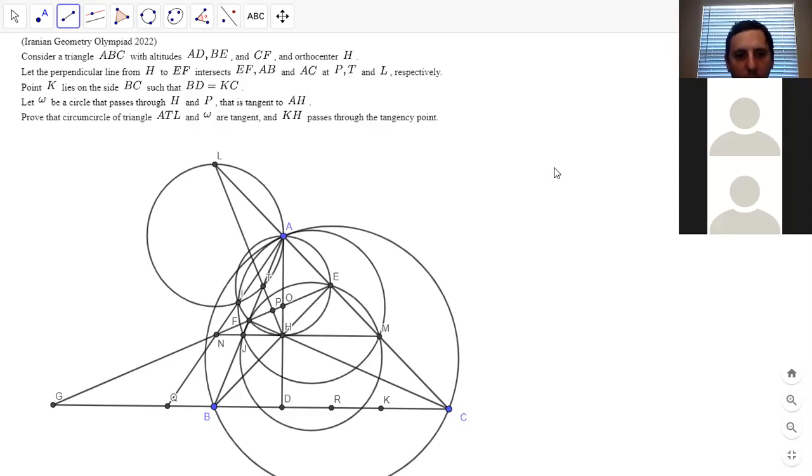Yeah, that's true. And then we just work with the midpoints to prove that H is the orthocenter of AQK.